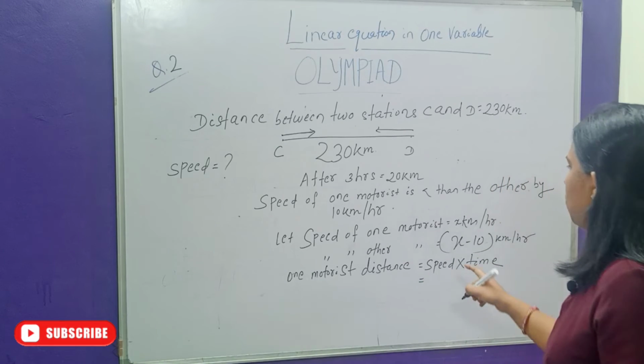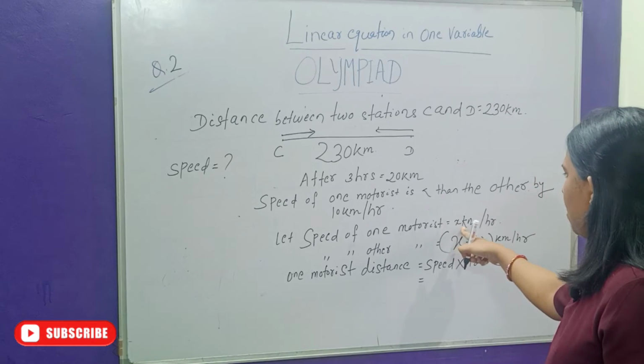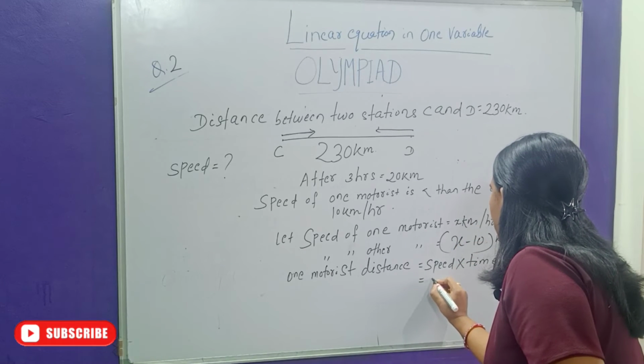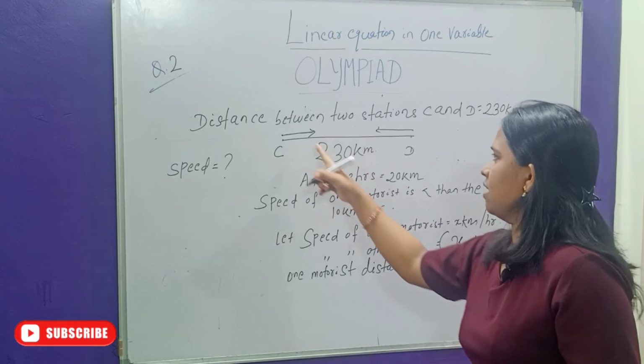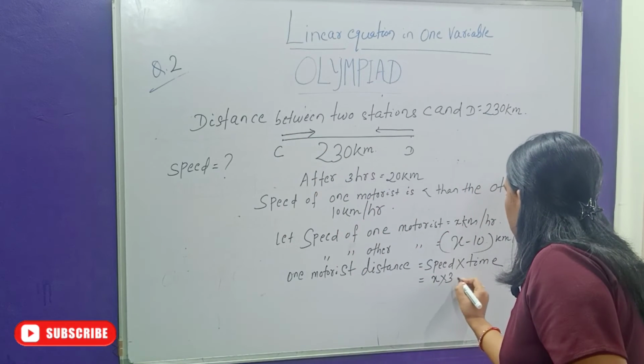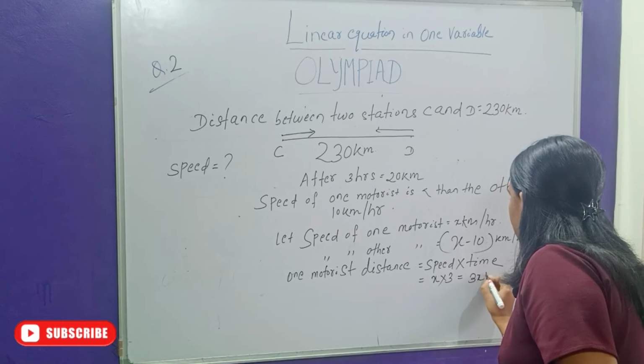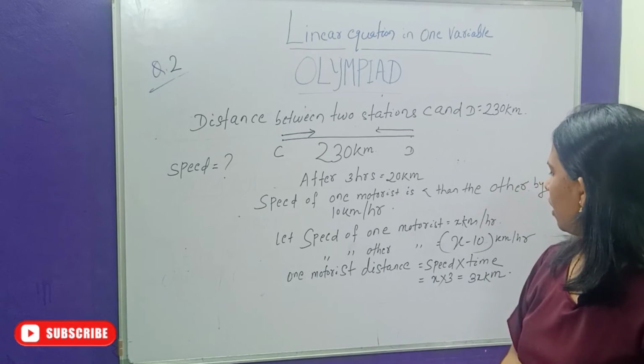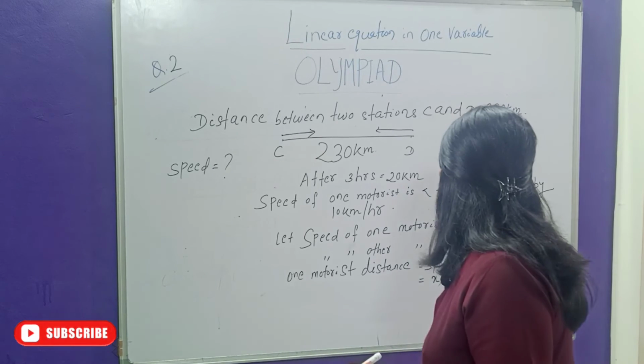The speed is x kilometers per hour and the time is 3 hours, so the distance is 3x kilometers.